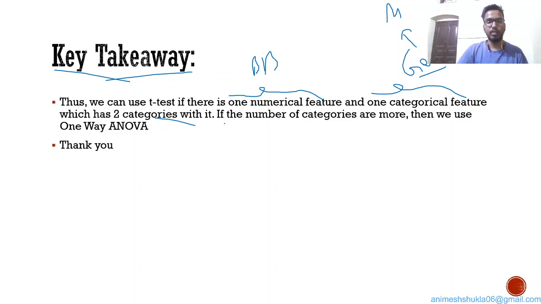And make sure that if we consider a categorical feature which has more than two categories, for example geography, where we have three categories, that is Spain, France and Germany, so now we have three categories, in this case we cannot use a t-test, we need to use one-way ANOVA. That is a separate topic, and that is a topic for a separate video.